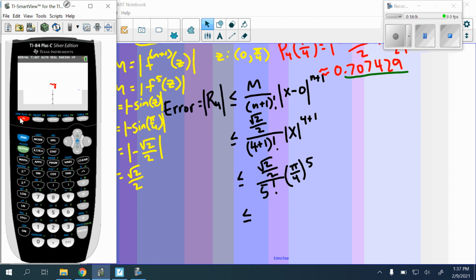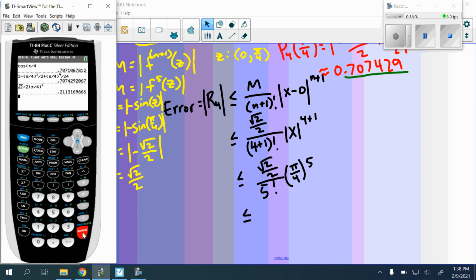So let's go to our main screen here. All right, so we want to enter that in. So we've got square root of 2 over 2, that value times pi over 4 to the fifth power.